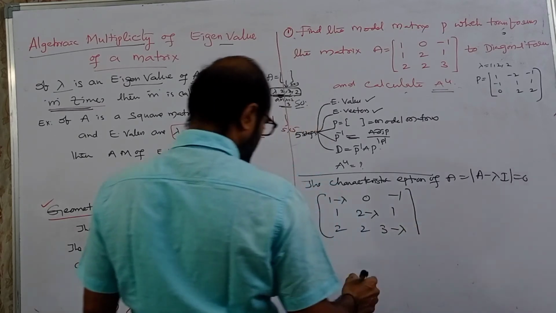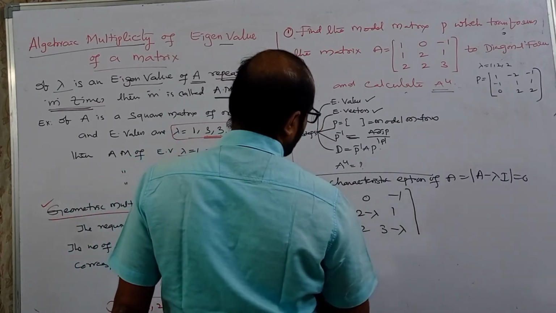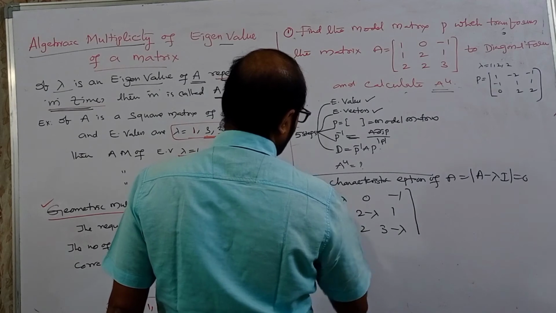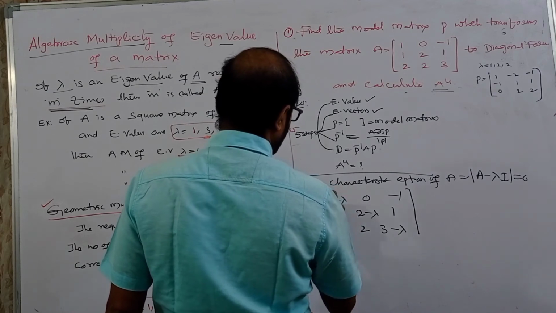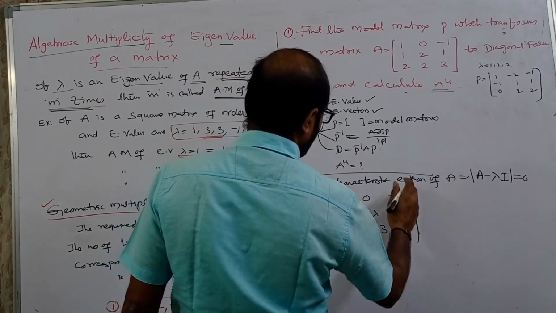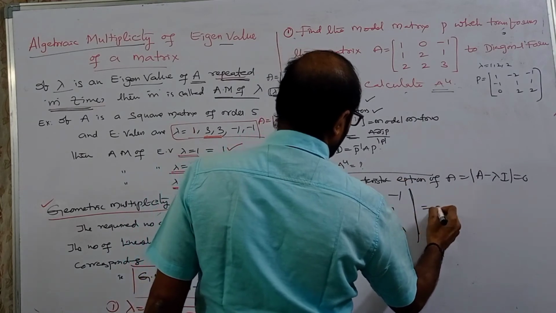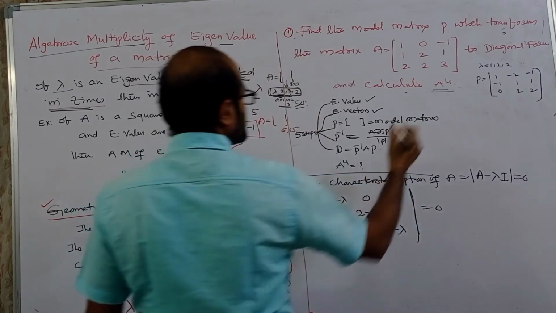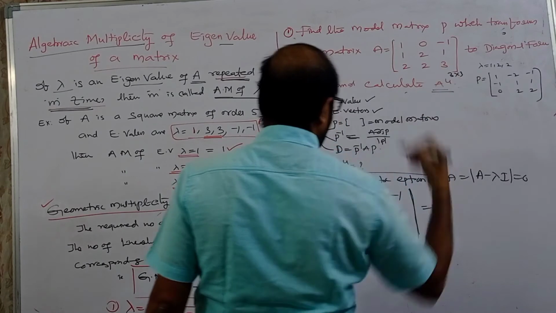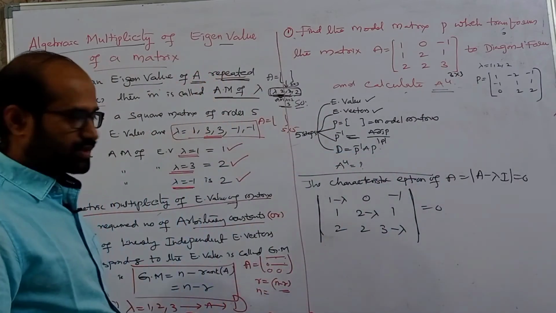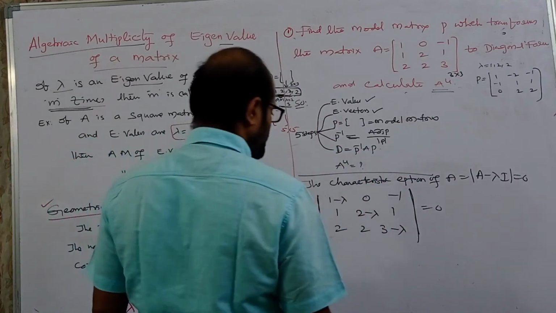So this is the A minus lambda I, the characteristic equation I am writing. Since it is a 3 by 3 matrix, I have a formula to find the eigenvalues.